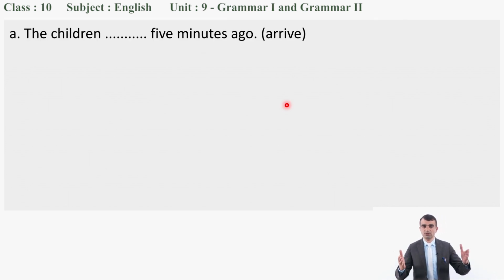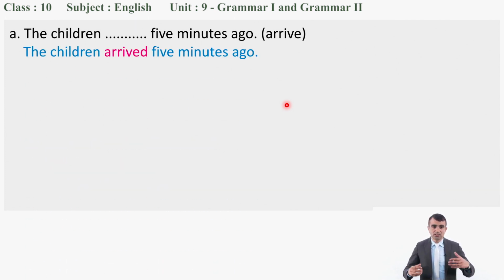The children 5 minutes ago, arrive. What do you use? Either present, past simple, or past continuous, or past perfect. One of them you should use. The children arrived. Very good. Say loudly. Okay, the children arrived 5 minutes ago.